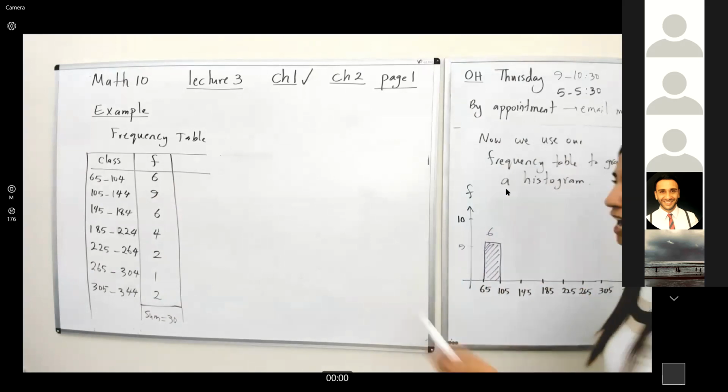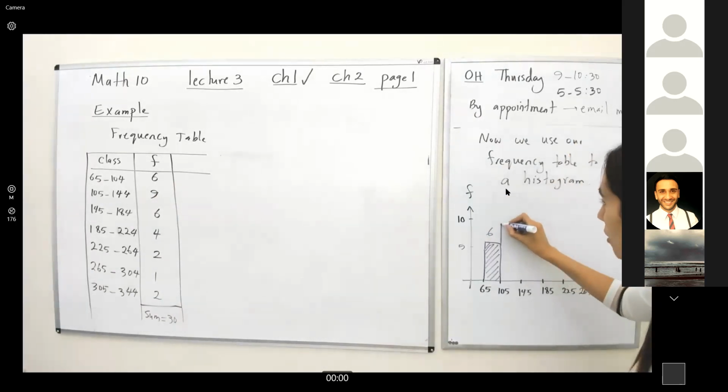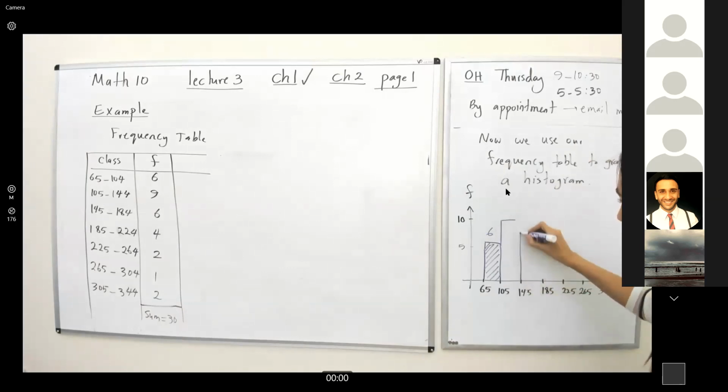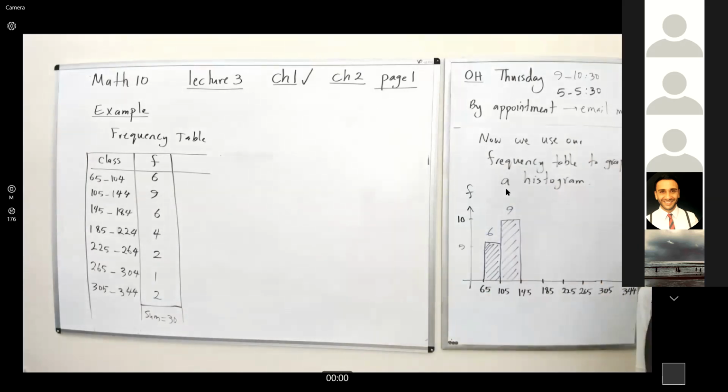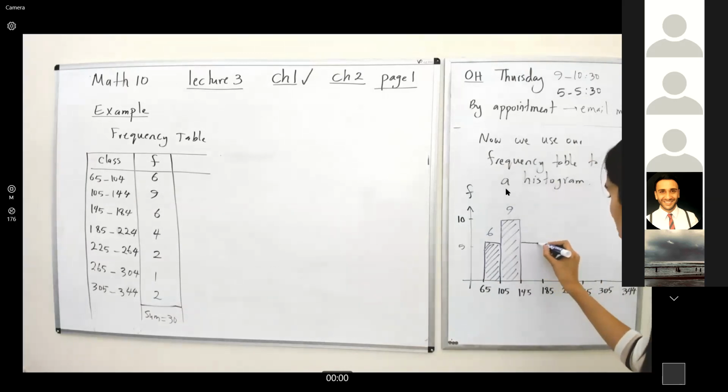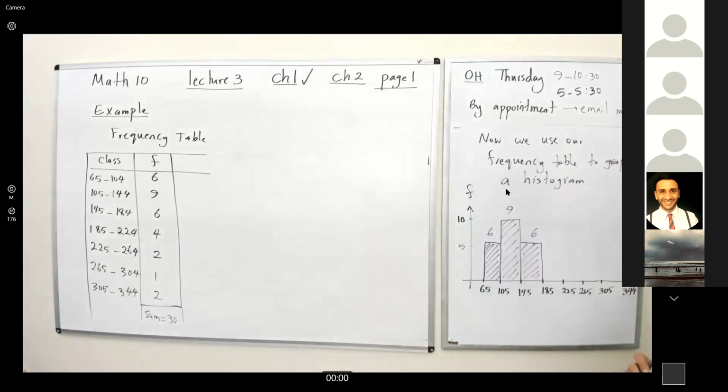The second class has frequency 9, so my bar stops at 9. Then my third class has frequency 6, so it's going to be the same height as the first bar. Then I have frequency 4 for the fourth class. It's going to stop here. My next class has frequency 2, so it's going to stop here.